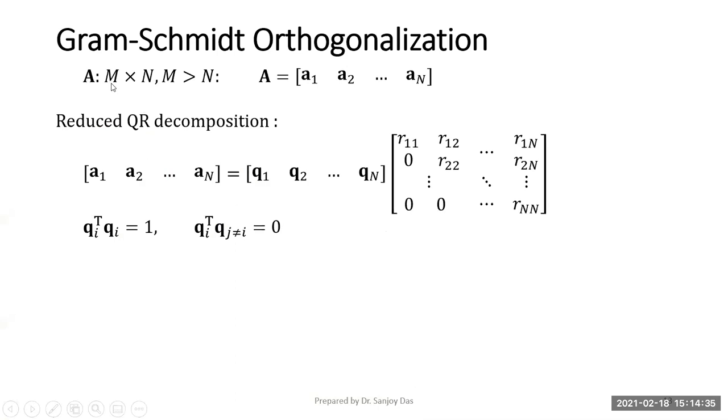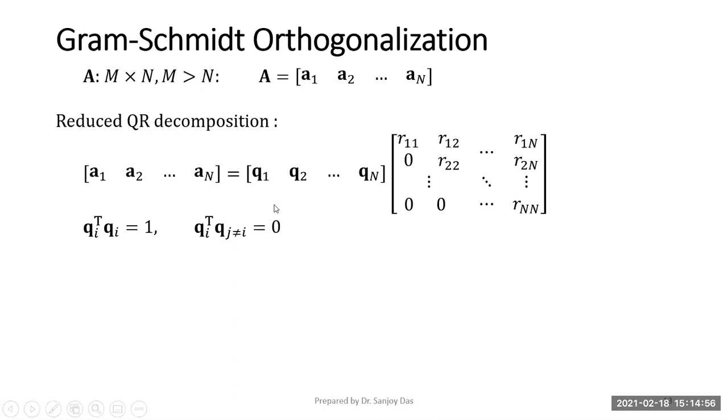A is a tall matrix, M by N. It has more rows than columns, M is greater than N, and we can express this in terms of its columns. Each of these columns is M-dimensional, and we have N such columns.